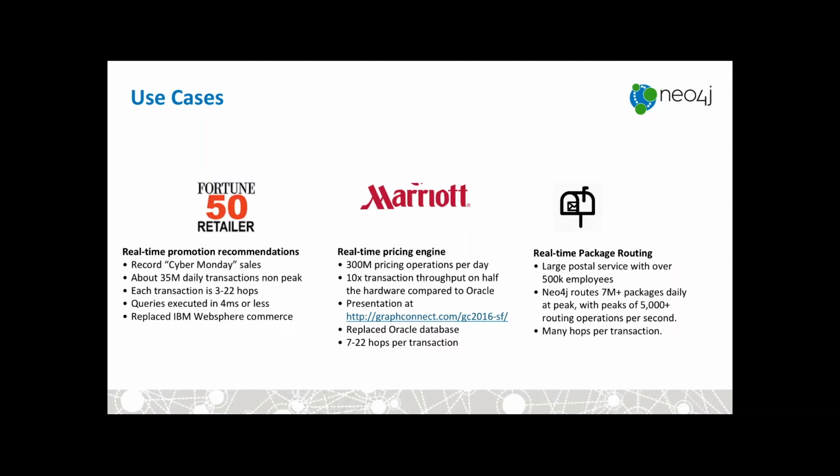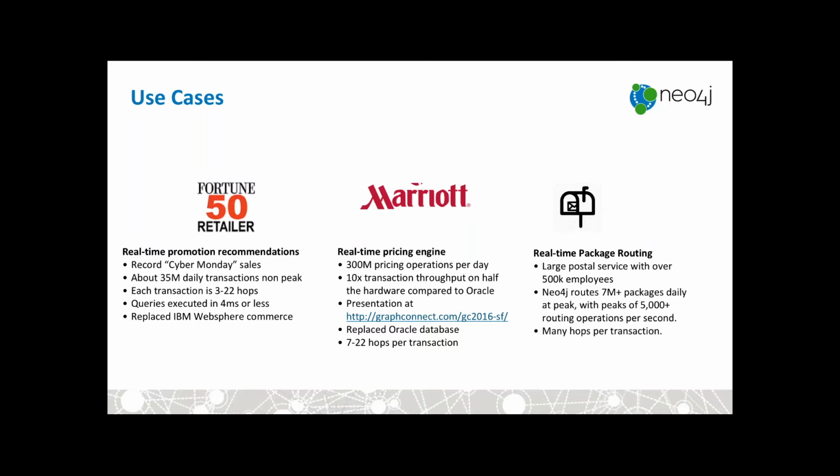For real-time packaging and routing, Neo4j runs routing for the largest postal service in Europe. They route 7 million odd packages a day with peaks of about 5,000 routing operations per second. And routing is sophisticated, right? This postal service is in one of the larger countries in Europe, and routing around that country is complex.